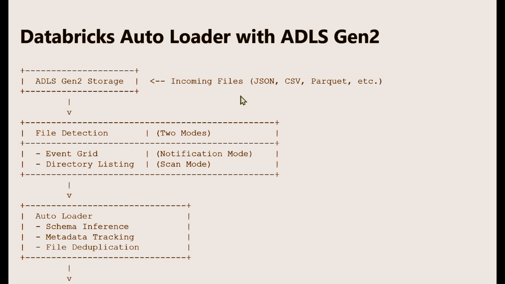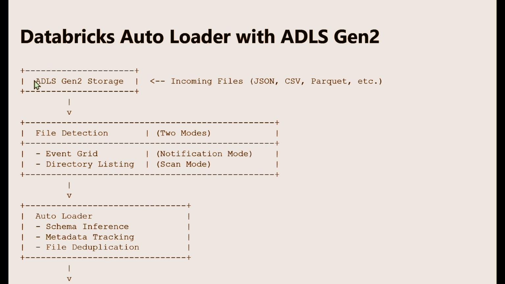Let's start from the storage area. Here I'm using ADLS Gen 2, but it's not the only storage area that you can use. You can use a storage area that other cloud providers are providing, such as Amazon S3.